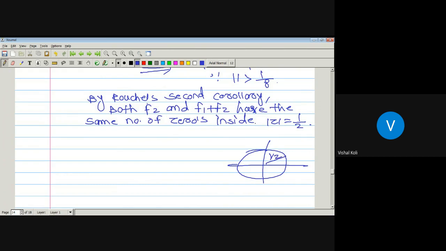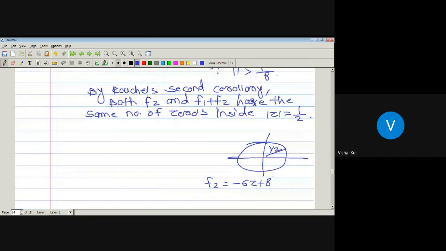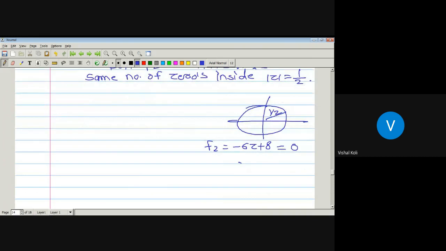And what is the value of f2 here? f2 is −6z + 8 = 0, which implies −6z = −8. It means z = 8/6, which is 1.3 something, while 1/2 is 0.5.